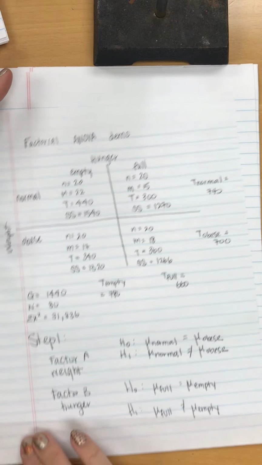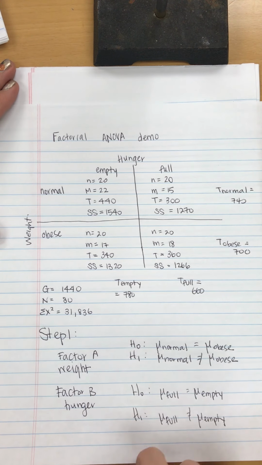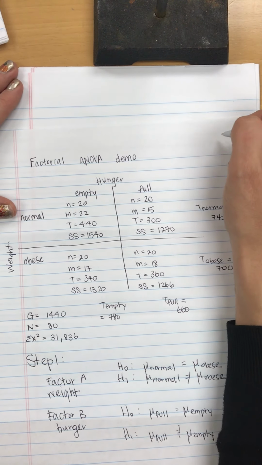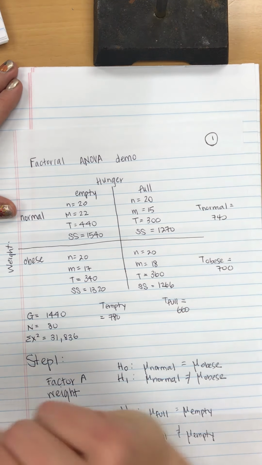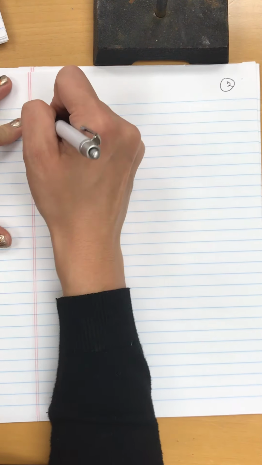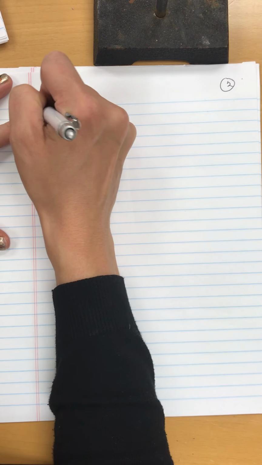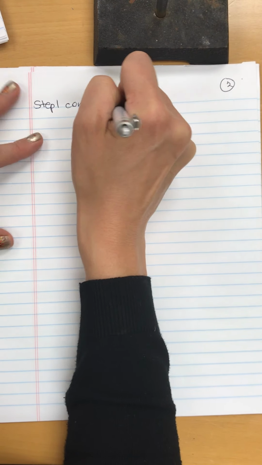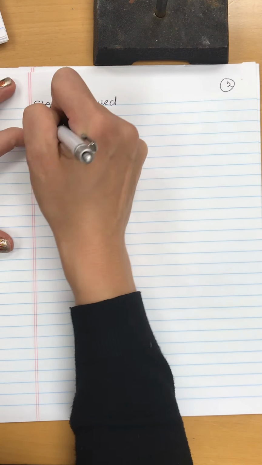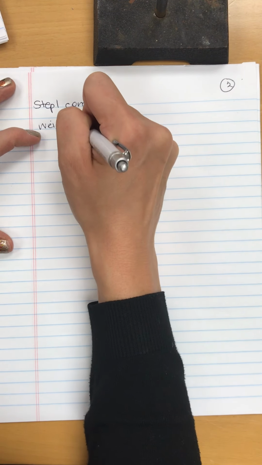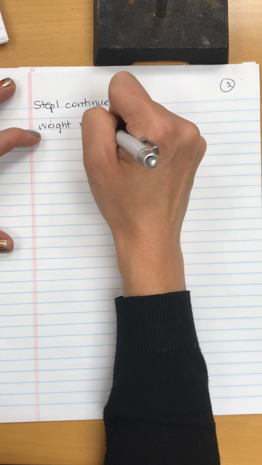The interaction is our third piece, and it's included in this step 1. So I'm going to post these, so I'll just put 1 for page 1, page 2. So the step 1 continued. Now we have to have the interaction, which I'm going to call weight cross hunger.